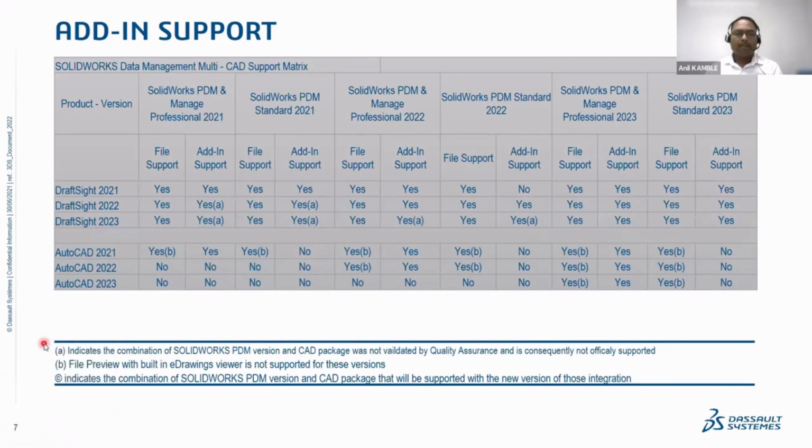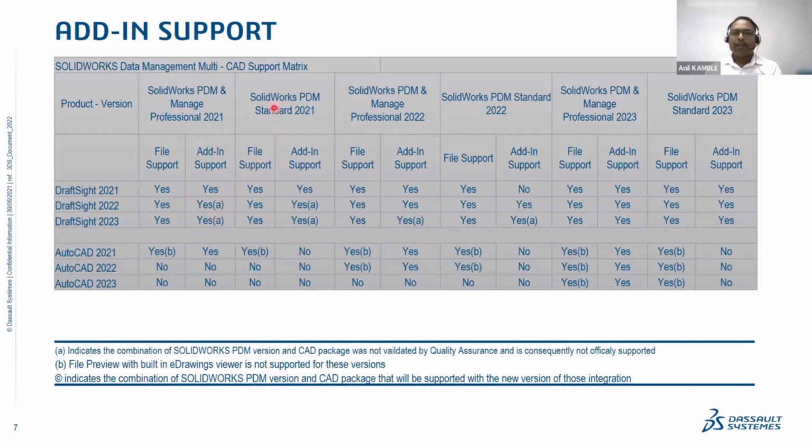If you see the file support for PDM and Manage, it's full file support here. But if you look at AutoCAD, you find some lag there. Add-in support, yes, we have the full add-in support.